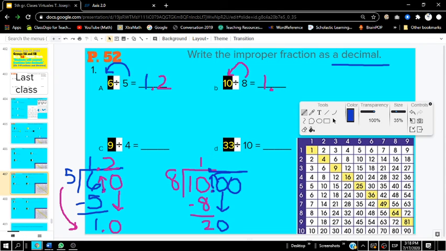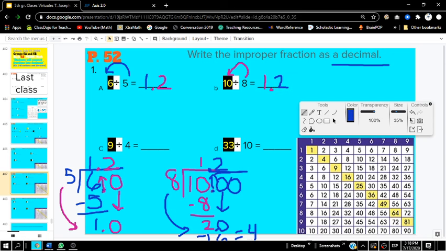How many times does 8 go into what looks like 20? Technically, it's 2. 2 times 8 is 16. I don't have a whole lot of space right here, but 20 minus 16 equals 4. Okay, we could continue this problem. Our answer is going to be approximately 1.2.